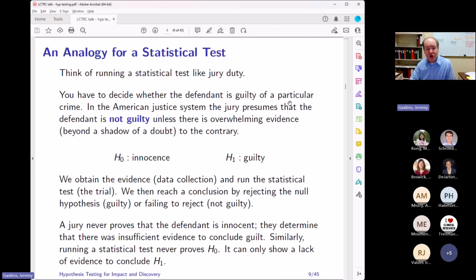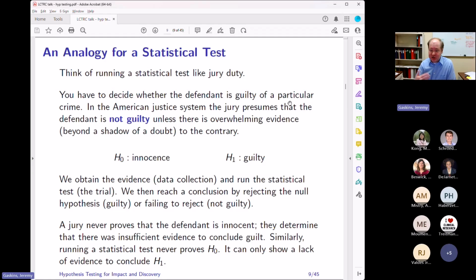Right. And so the null hypothesis, the jury's default belief, is supposed to be that the defendant is innocent, right? So that's our null hypothesis. The default belief is that the defendant is innocent. And then the alternative, the thing that the prosecution is trying to get us to conclude, is we want to get enough evidence to conclude that the defendant is guilty. So that's the alternative.